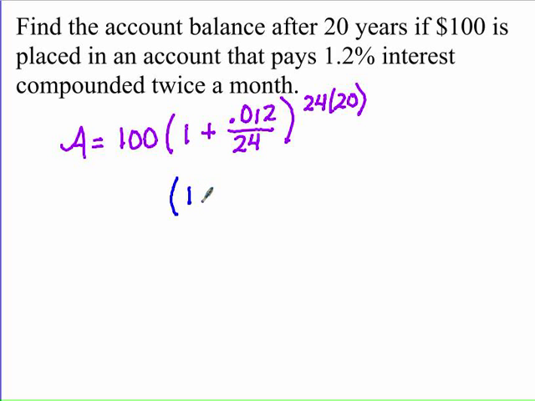And you should get 1 point what? 1.0005, is that what you had? And then what's 24 times 20? 480. So go ahead, take 1.0005 to the 480th power. Once you get an answer there, I would like you to go ahead and multiply it by 100.